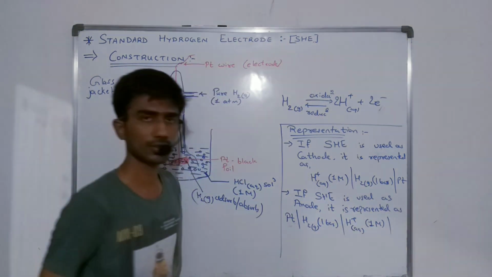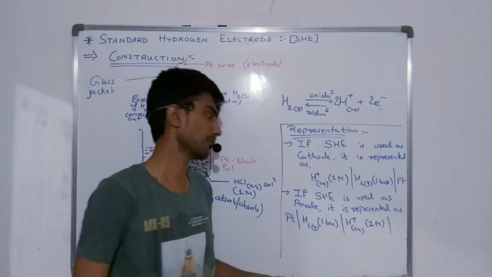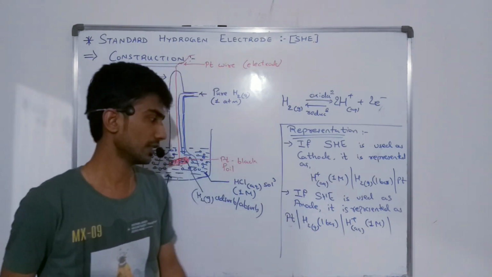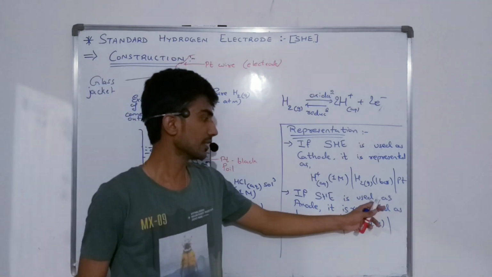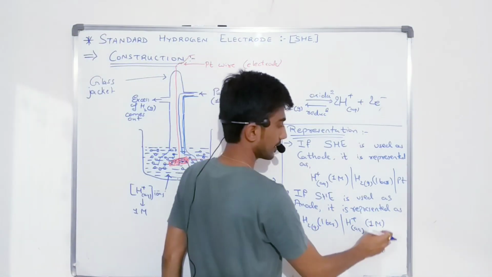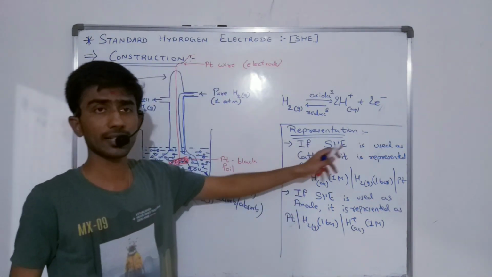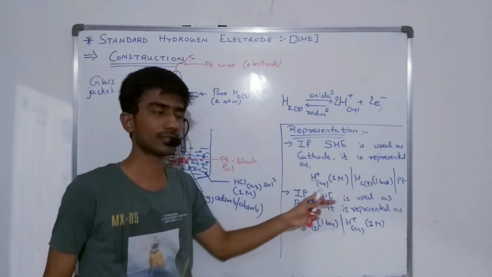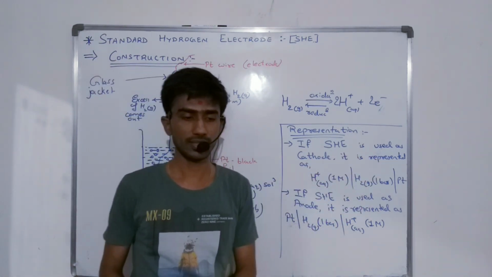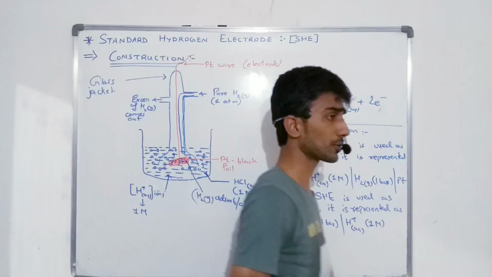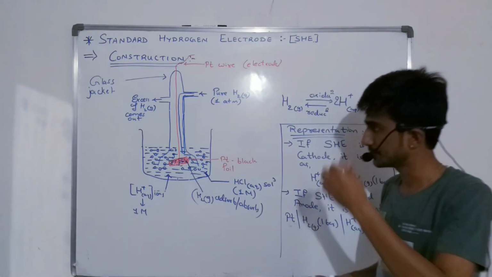Over here also we can write 1 molar. But if the solution concentration is different, then its concentration will change, right? So this is the representation of standard hydrogen electrode when it is used as anode, as well as when it is used as cathode, right? Fine.